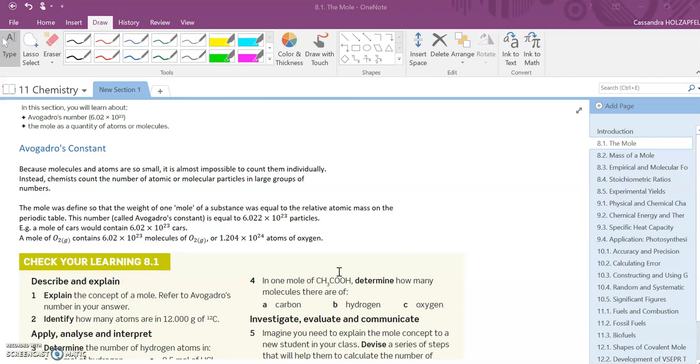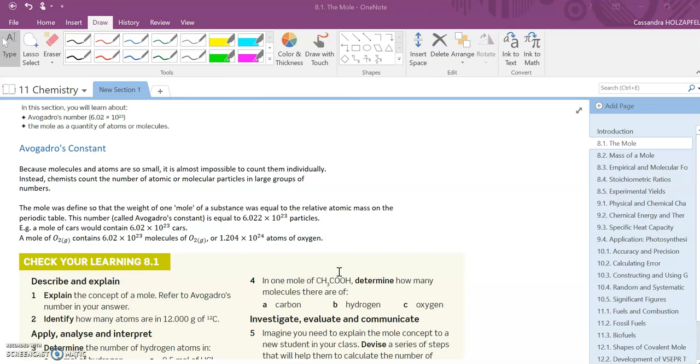For example, looking at hydrogen, the atomic mass of hydrogen is 1.01. So they said, if I get a particular number of particles and I want them to weigh exactly 1.01 grams, how many particles would there be?